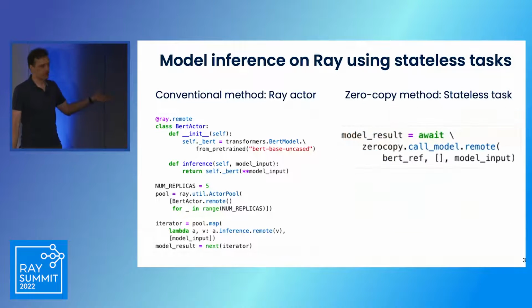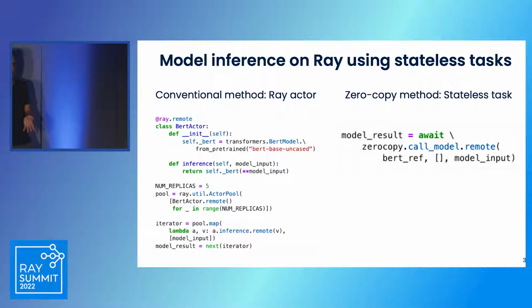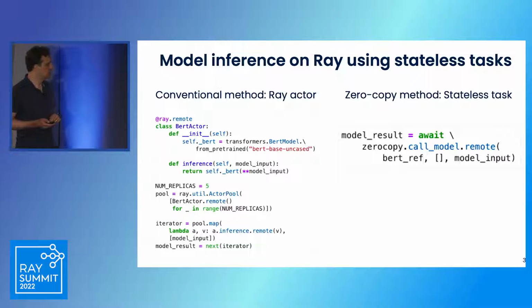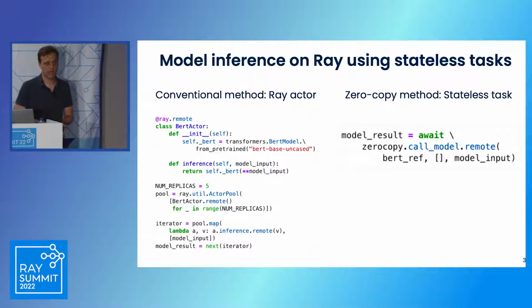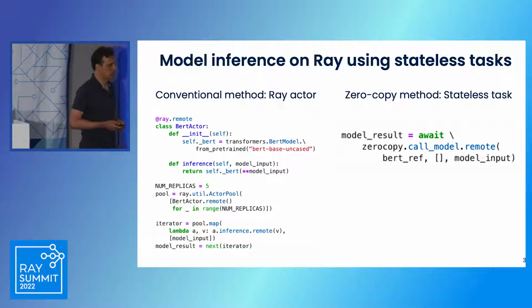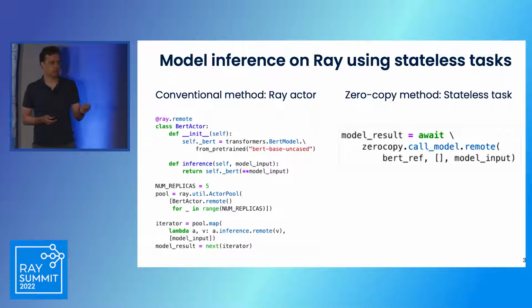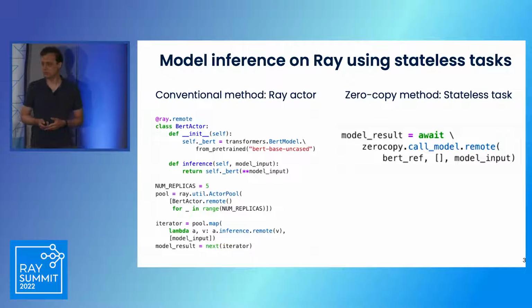So we include a generic version of this function in our zero-copy library, which gets that running step down to 1 line of Python code. You just call our pre-built zero-copy call model Ray actor and pass it the appropriate parameters to run an inference on a model that's stored on Plasma without copying any weights data.